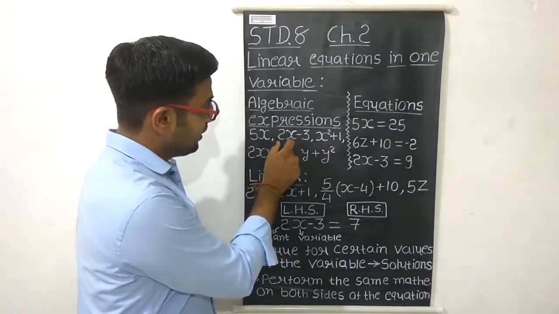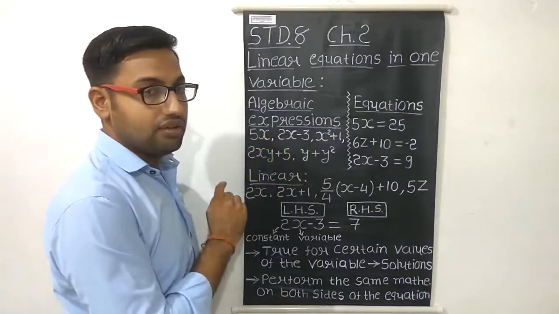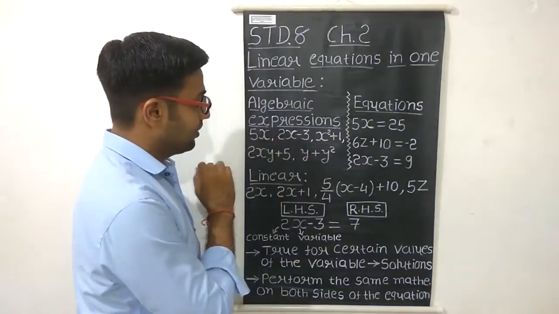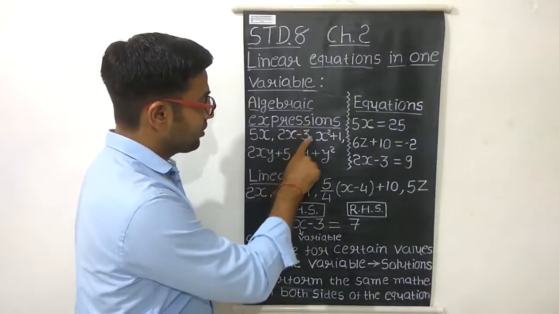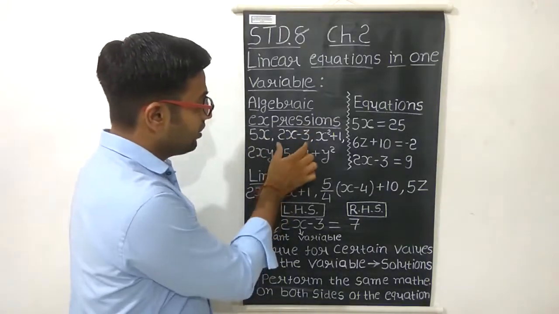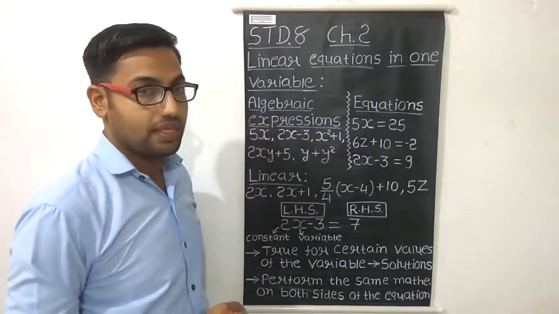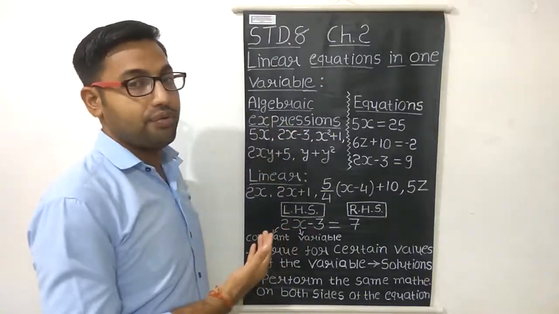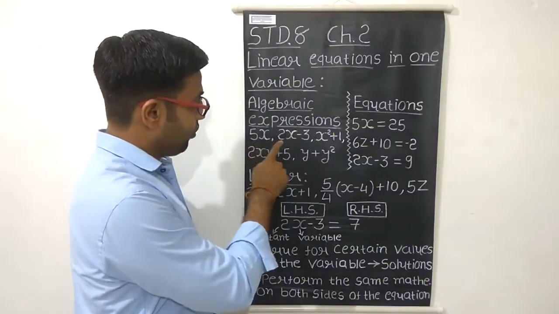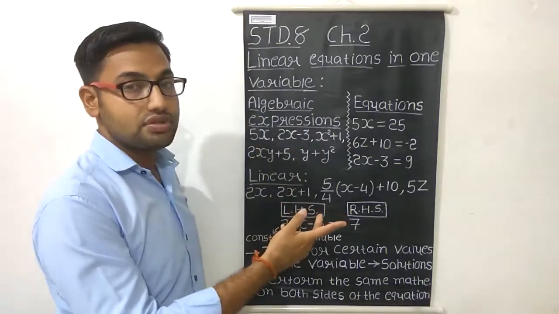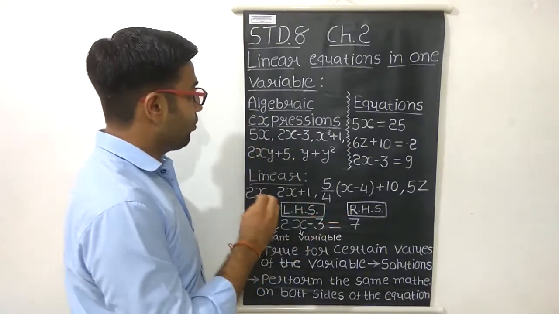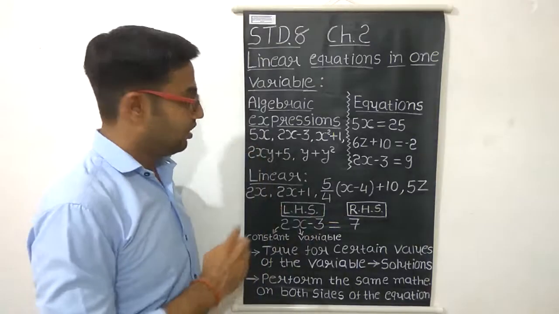By multiplying constant and variable we get one term, and by subtracting another constant we get two terms here. So this is also an expression. An expression has either one term, two terms or three terms, right? These are called expressions.